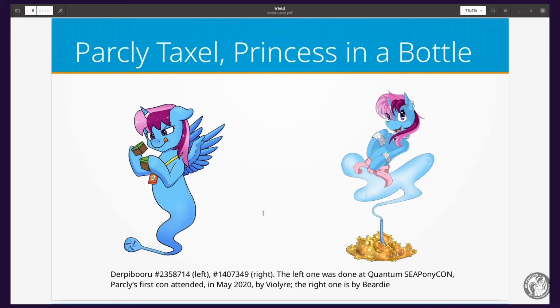So this is Paclitaxel. I used to call her the princess of science, and then she became princess in a bottle. The left one was done at PonyCon in May 2020. The right one was done by Beardy even farther back. She is shy. She has Asperger's syndrome, just like me.